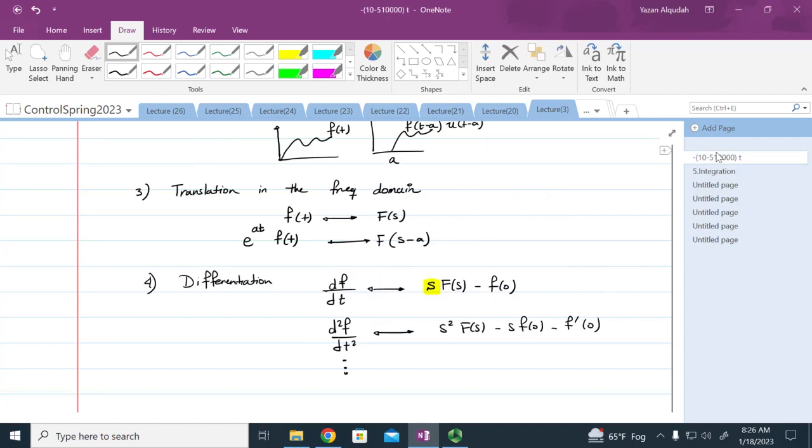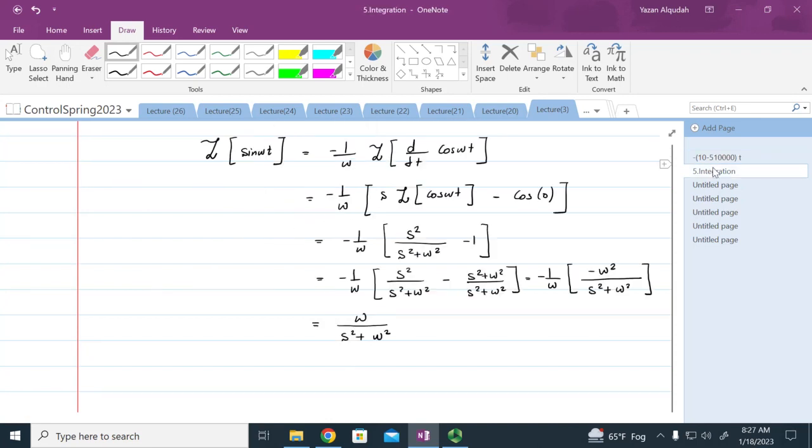Just keep in mind, this is f of 0, how is this different than this? Anybody knows what I'm asking? This is F of s, this is f of 0. This is from the time domain, it's the small letter, so this is the time domain value at 0.